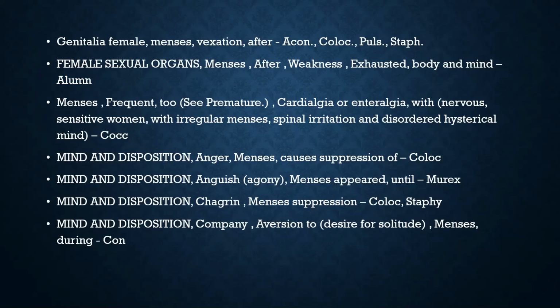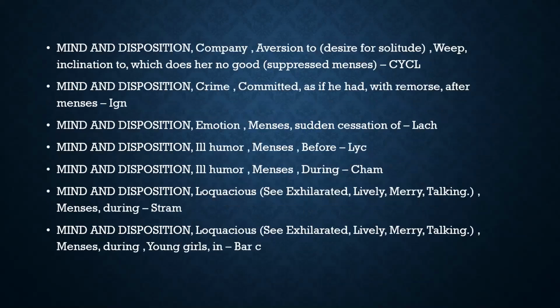So under Knerr's repertory, mind and disposition, we can see anger, menses causes suppression of, or anguish or agony, menses appeared until, chagrin, menses suppression, or company aversion to, menses during. These are the other few rubrics. Apart from that, we can see company aversion to, or weeping inclination to, which does her no good. And because of that, if the lady is having suppressed menses, there is a remedy, Cyclamen.